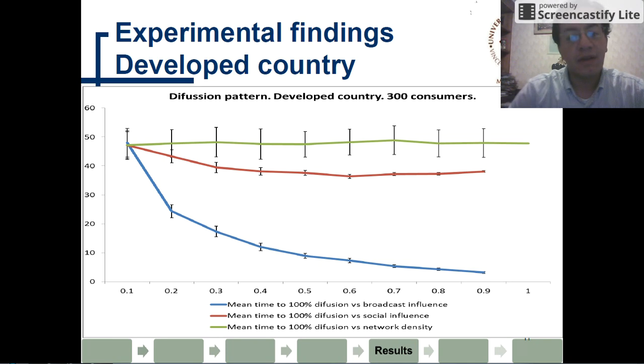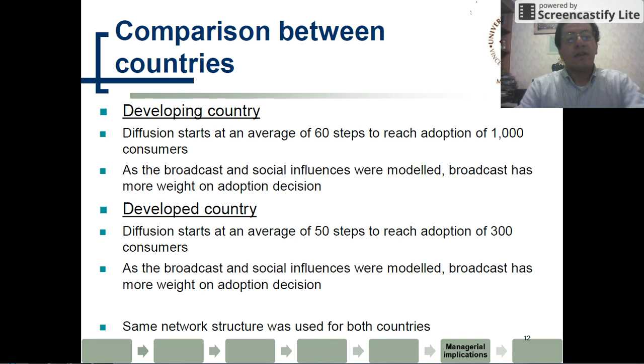So, what is similar and what is different between a developing country and a developed country according to these experiments? As I mentioned, in the developing country, diffusion takes an average of 60 steps to reach the adoption of a reverse innovation by 1,000 consumers. And the second important issue is that as the broadcast and social influences were modeled, the broadcast has more weight on the adoption decision.